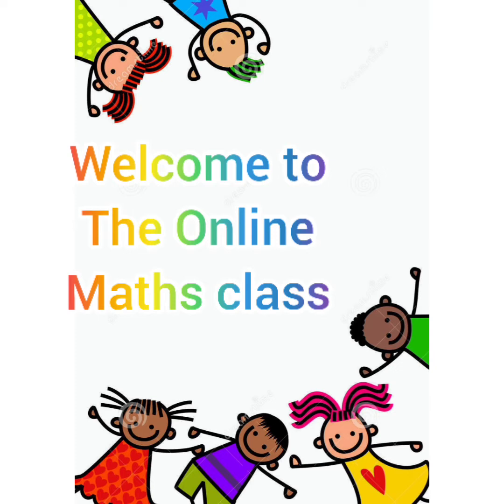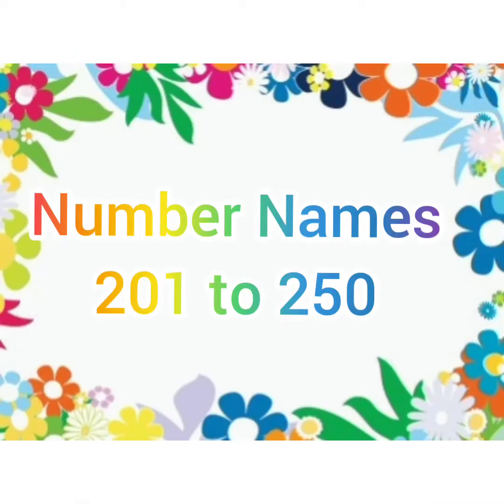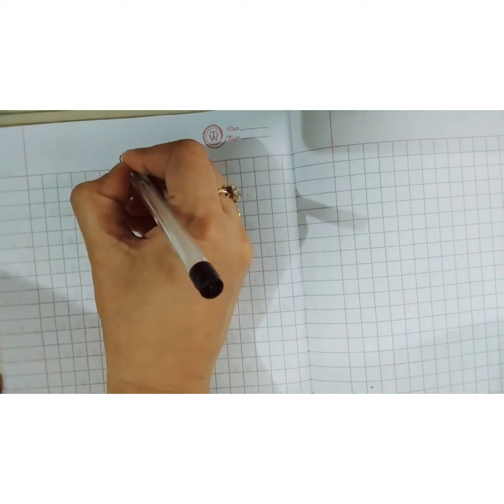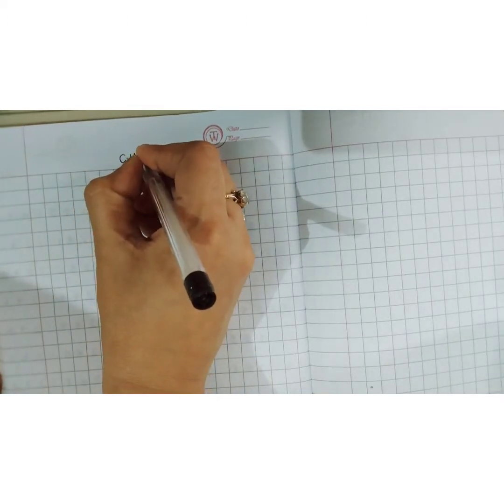So students, today we are going to do number names from 201 to 250. So let us begin. I will show you everything in the copy, how to read and write the number names.